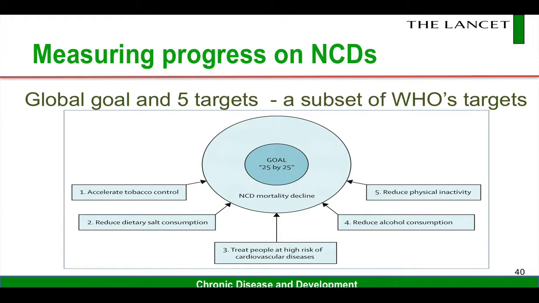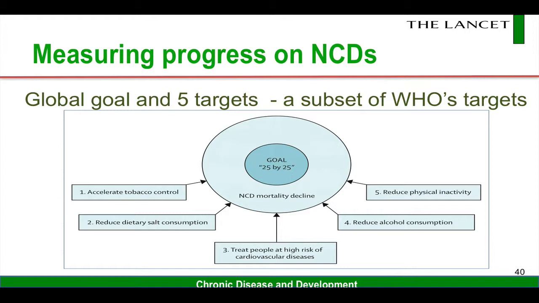So he says, why not pick out five, that's enough. He is very strong on tobacco control, and he says that the targets formulated by WHO are way too weak. There he wants to see much stronger progress.